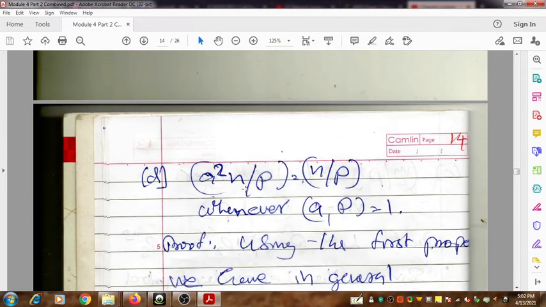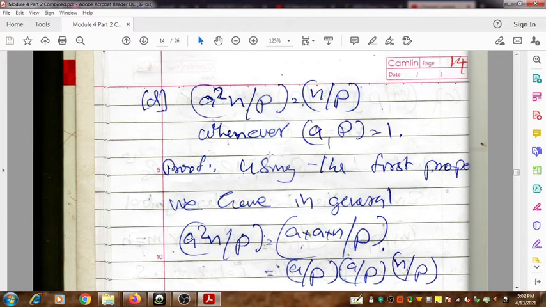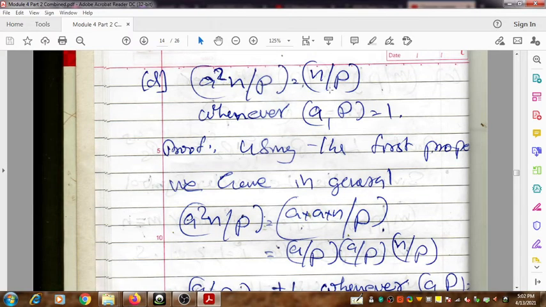Now we have to discuss the fourth property, that states that (a squared n / p) equals (n/p) whenever the GCD of a and p equals 1.